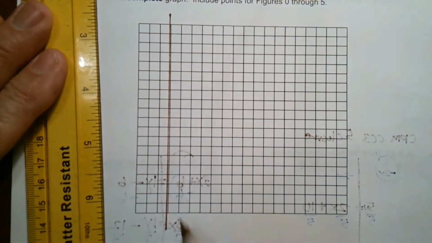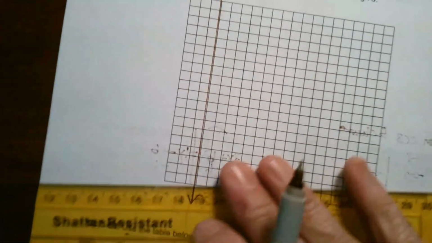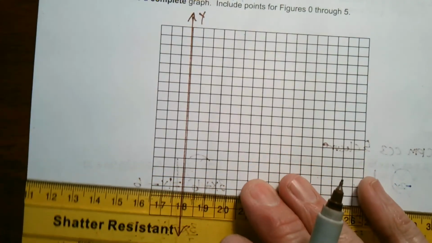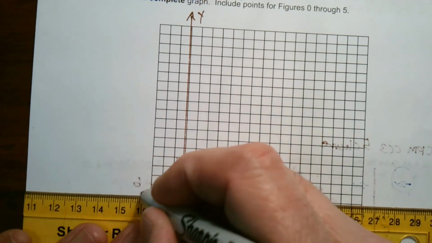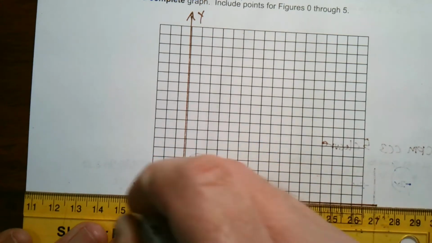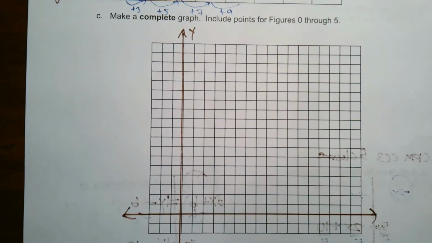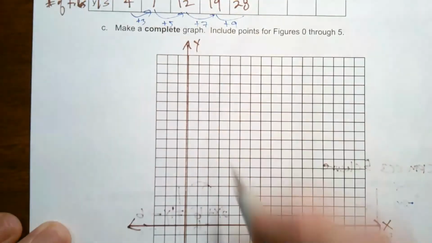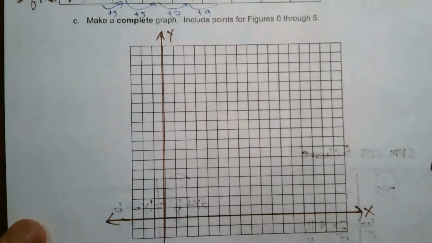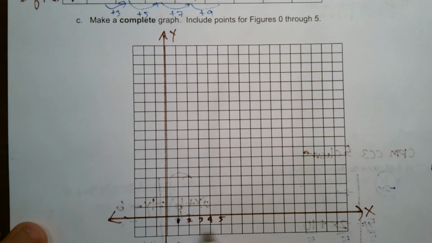I'm going to put my y axis right here, and my x axis low, right there. This is my x-axis, this is my y-axis. I'm going to go 0, and then I have 1, 2, 3, 4, and 5. That's all I'm going to use, right?